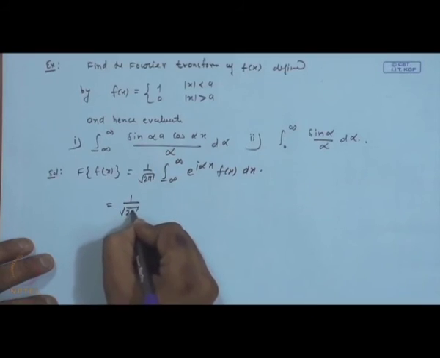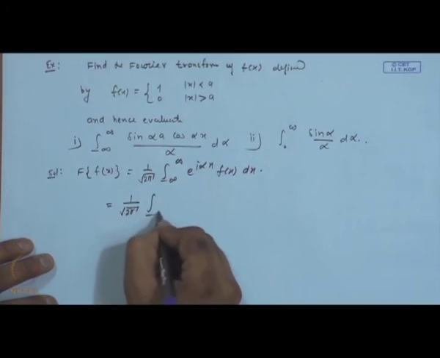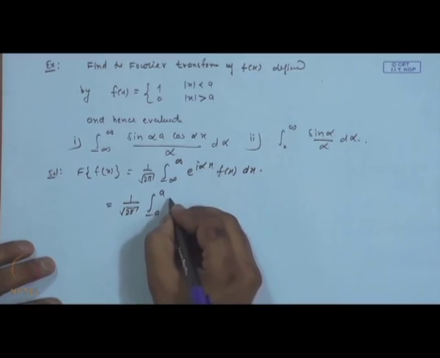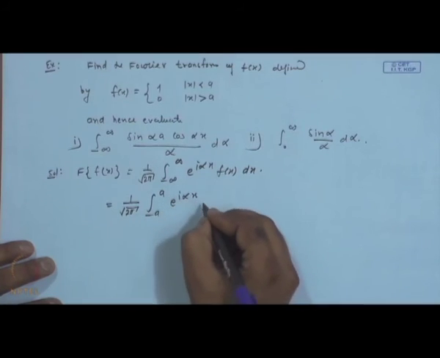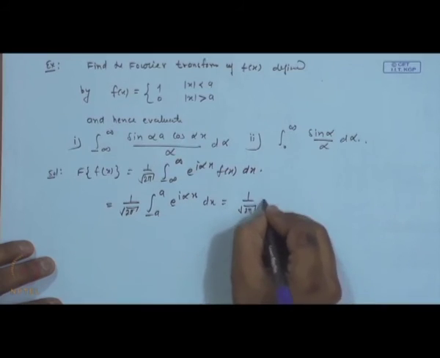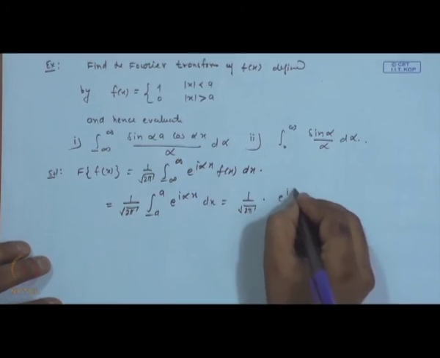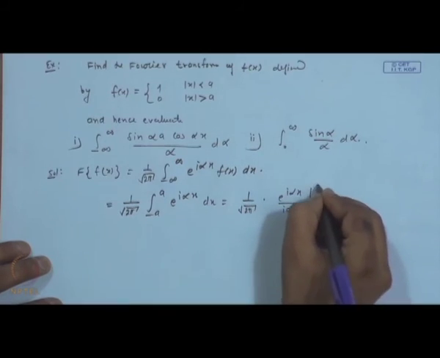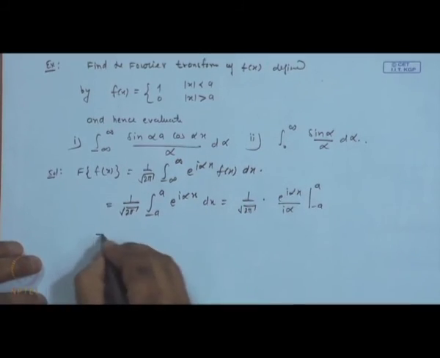This is from minus a to a, outside this interval f(x) is 0, and in this range it's 1, so we have e power I alpha x dx. It's simple now: 1 over square root 2 pi, and this is e power I alpha x over I alpha, with limits minus a to a.